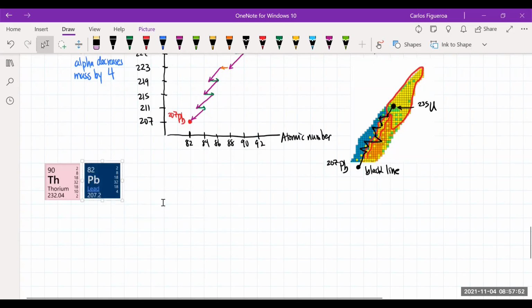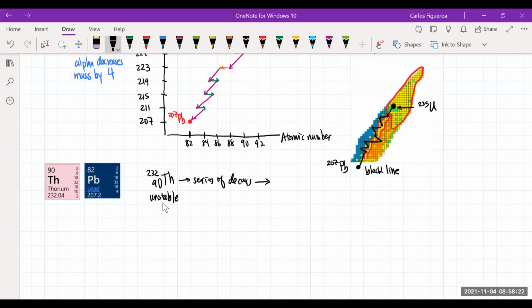And so what you're going to see here is that one of the very famous ones that Claire Patterson did in determining the age of the Earth is he looked at 232 thorium. And this is unstable, of course, because why? It's above lead. And what you get here is, again, a series of decays, which we will not do that again.